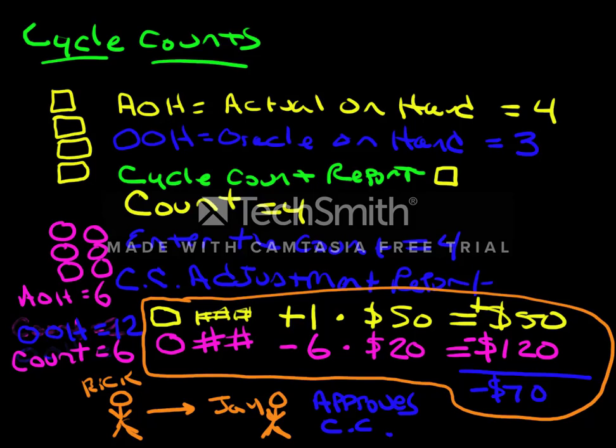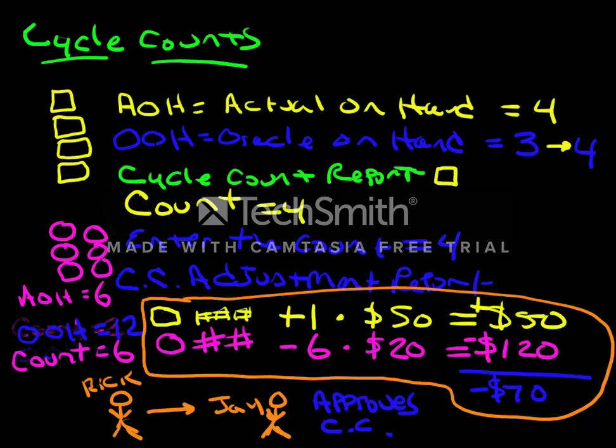He does an approval. So he goes, yep, go ahead, change those counts. So if we come back up here to our yellow squares, we really have 4 of them for sure, and our count was 4, but our Oracle on hand was only 3. And when Jay approves these reports, that 3 gets changed into a 4.